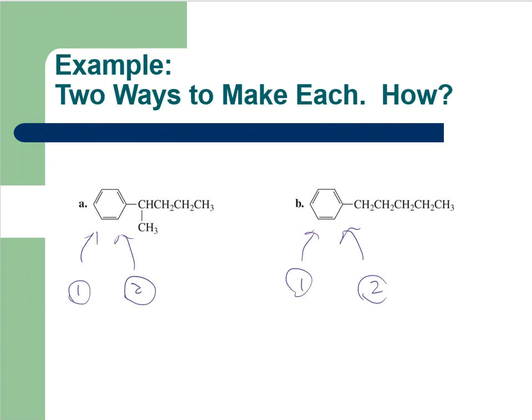Can you come up with 2 different ways to make molecule A and molecule B based on everything that you know so far? The difference here, of course, is that for A, not really straight chains. For B, it has to be a straight chain. It has to. Look at that. No branching at all. So this one will be a little bit trickier than part A.